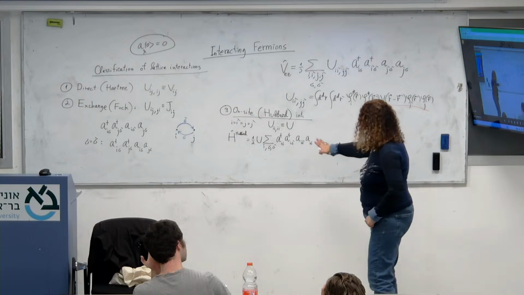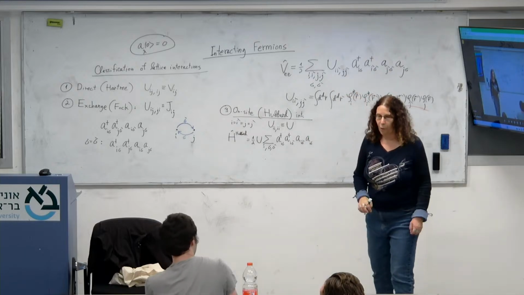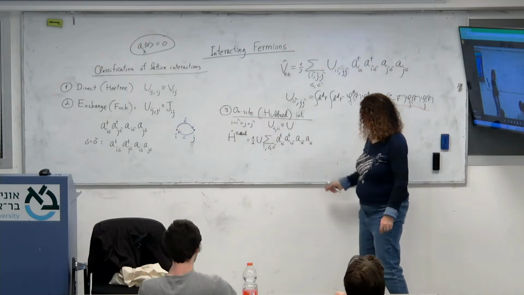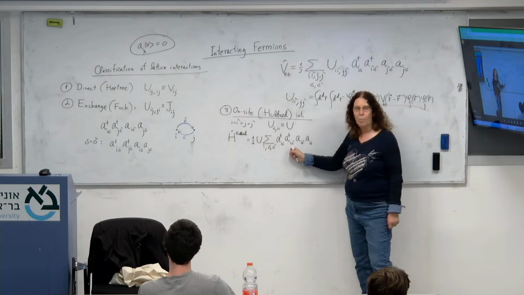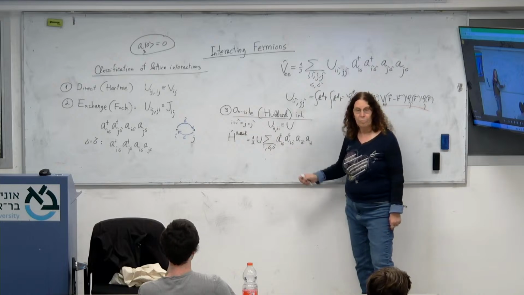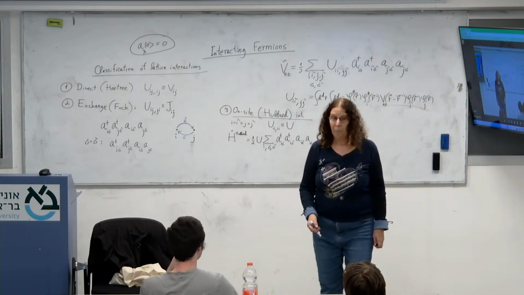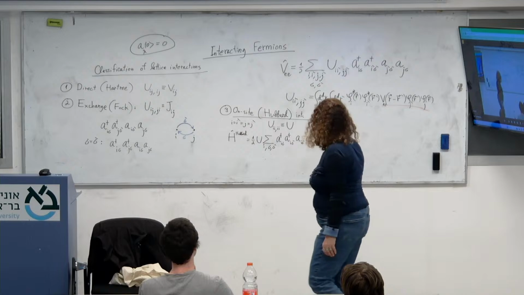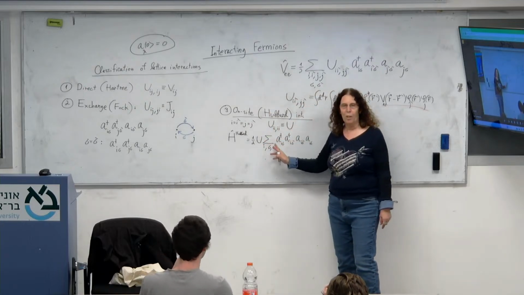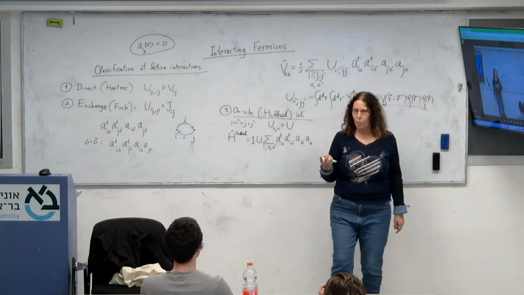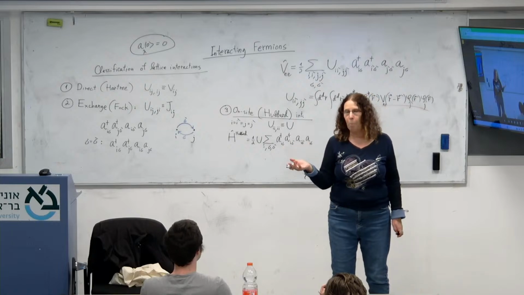Now, I'm writing it like this, just copy-paste the general definition. However, in this case, what happens if sigma equals sigma prime? I get 0, right? Because they are fermions. So in fact, although it looks like I have 4 terms here for each i, actually I have only 2. Only sigma equals minus sigma prime.